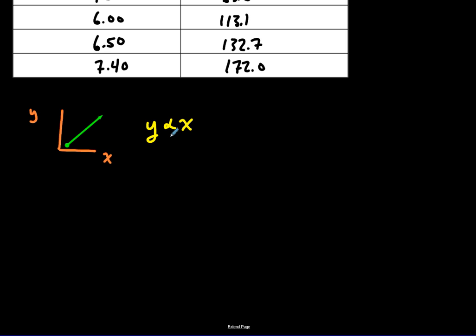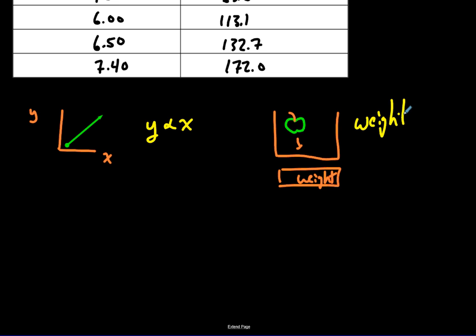That's just a proportionality. If you're unfamiliar with a proportionality, here's one. If this is a scale, and I start putting apples in here, say at the supermarket, or some relatively uniform value, the scale weight is proportional to the number of apples I put in, right? So weight is proportional to number of apples.